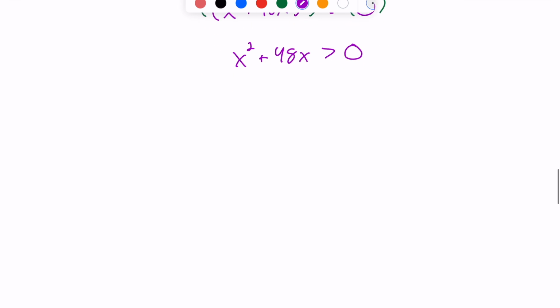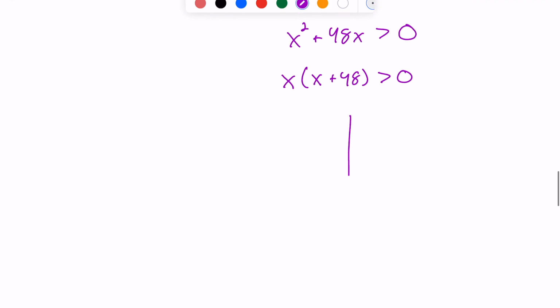Well, this is a quadratic that has a positive a value, so it is going to be opening up. But let's get a rough picture of what it looks like. Let me put it in factored form. I'm going to factor out an x, and I'm going to get x times x plus 48, and that's going to be bigger than 0.